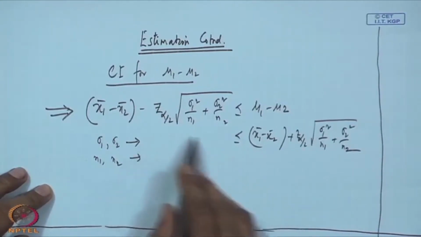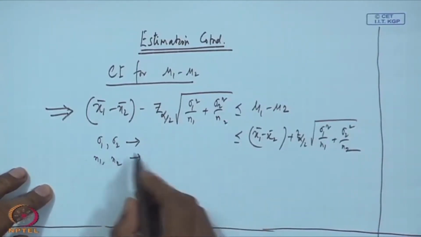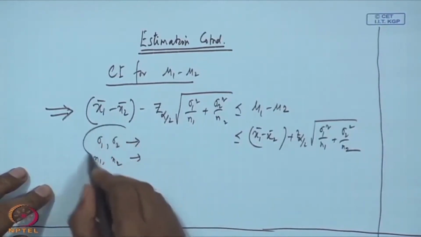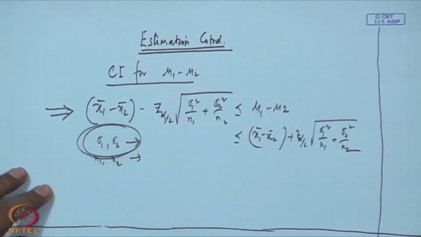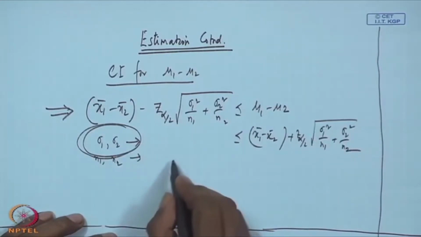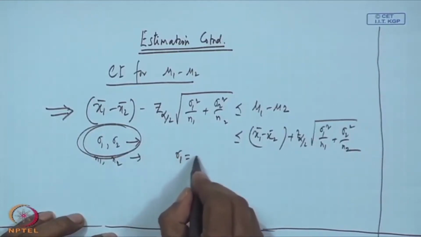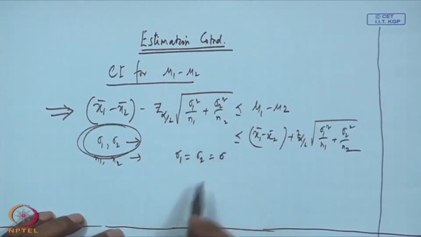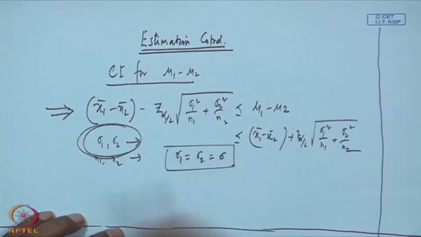But a difficulty arises in knowing sigma 1 and sigma 2. Another thing that may happen is that sigma 1 equals sigma 2, equal to sigma.